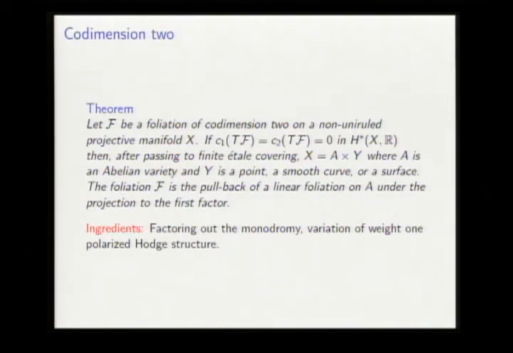But I also have to say that now there are new motivations, already a while ago, to look at these questions. There is a recent result by Greb, Kebekus, and Peternell, which provides a generalization of the Bogomolov-Beauville decomposition for varieties with numerical Kodaira dimension 0.